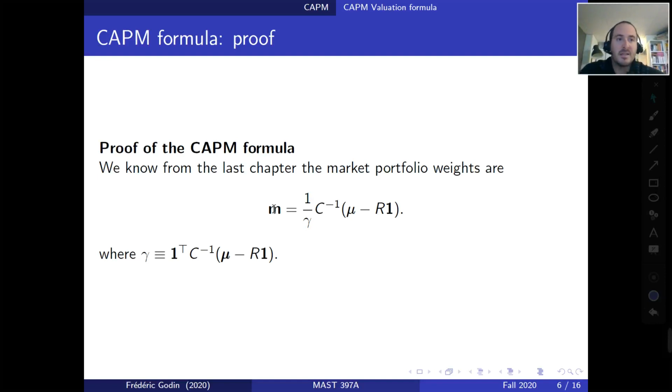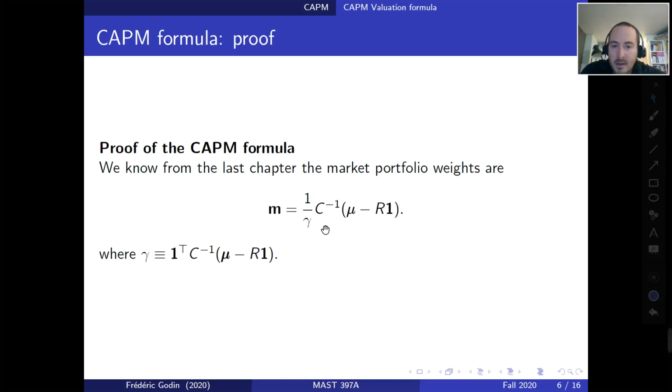So it's fully invested in risky assets, and its weights are given according to the following formula, which we derived in chapter 4. The weights were given by 1 over gamma times the inverse of the covariance matrix of assets in the market times the expected return vector for all assets minus a vector which contains only r's. Okay, so r times the vector of 1 is a column vector which contains r.